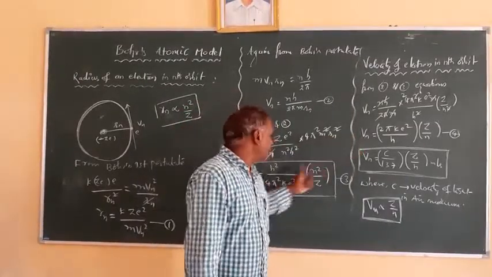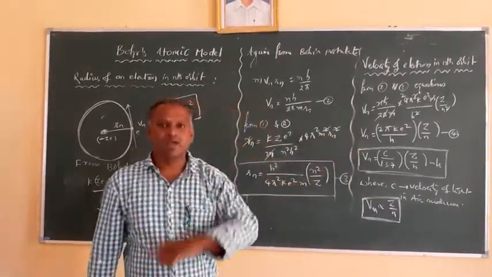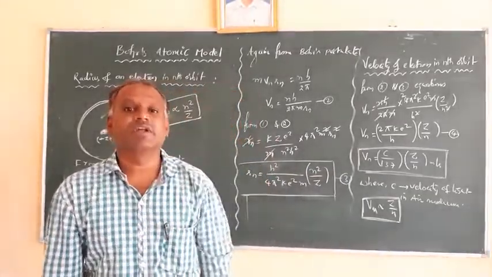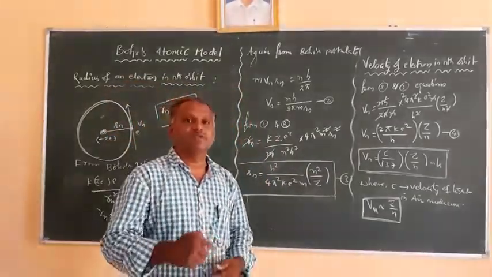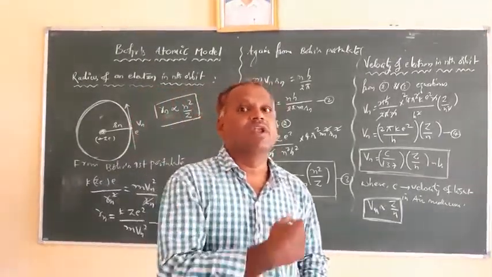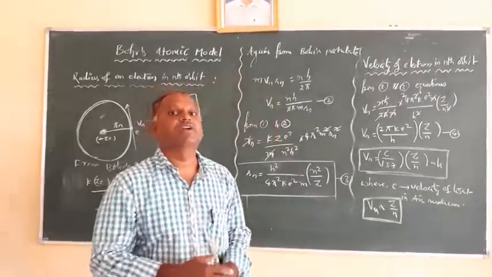If you divide Vn by Rn, you can get omega n. That is nothing but the angular velocity of the electron in that nth orbit, and how it is related with respect to Z and n, that is the atomic number and the order of the orbit where it is revolving.